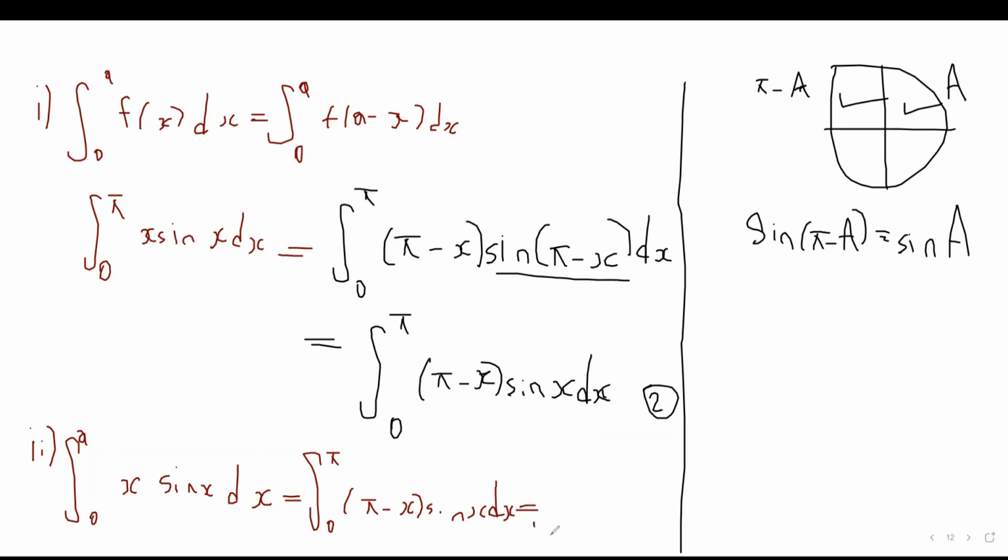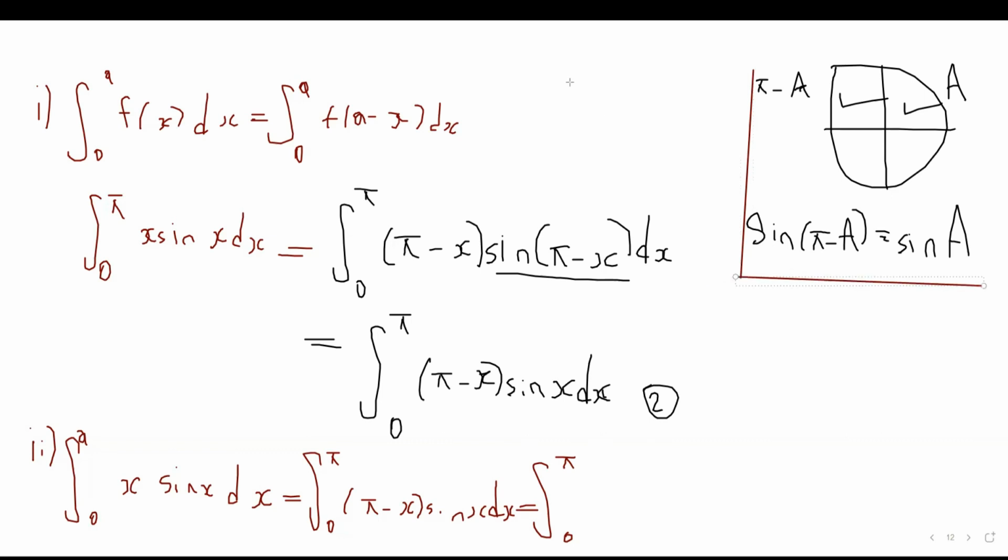This becomes now the integral from 0 to pi of pi sine x dx, and then we have minus the integral from 0 to pi of x sine x dx.